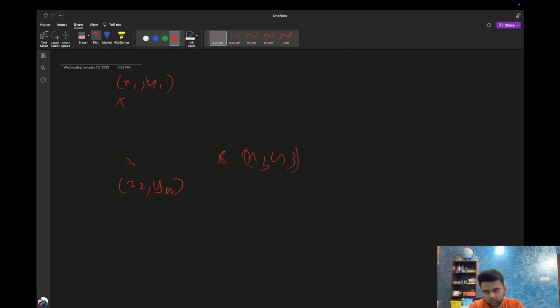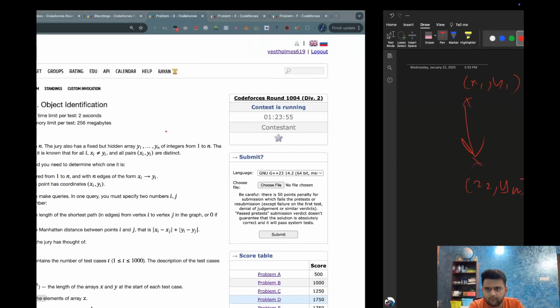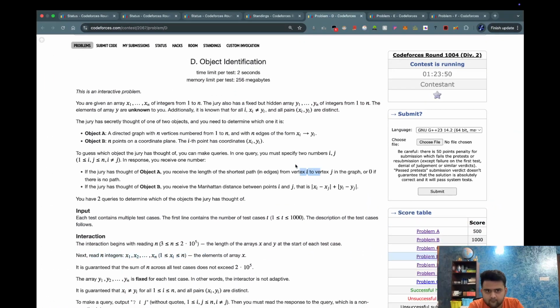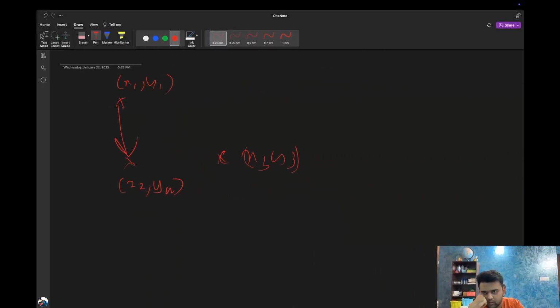So in two queries I need to find out. Well, Manhattan distance one property is if there's a path from here to here, and Manhattan distance of this plus this is Manhattan distance of all this.